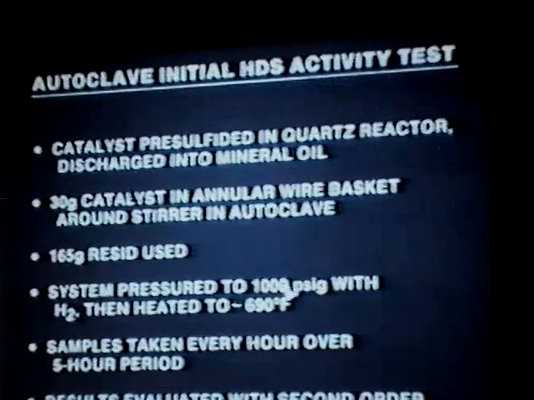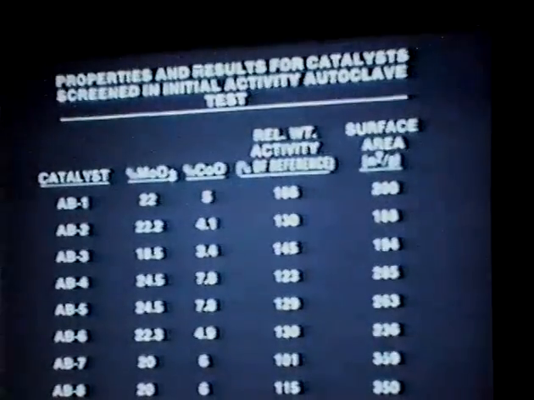The system was pressured up to 1,000 psig with hydrogen and then heated to about 600 degrees Fahrenheit. The pressure was then allowed to drop as the reaction occurred. Samples are taken every hour over a 5-hour period, and the results were evaluated with second-order kinetics.